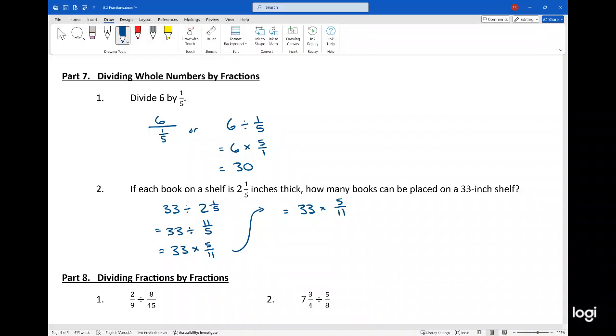Remember that this is really a fraction over 1. And we could do that trick that we saw in the last part where I can divide this by 11 and this by 11. And now I'm left with 3 times 5 is 15 divided by 1, but there's no point in writing division by 1 because that's just the same thing. So it turns out we can get 15 books in that amount of space.